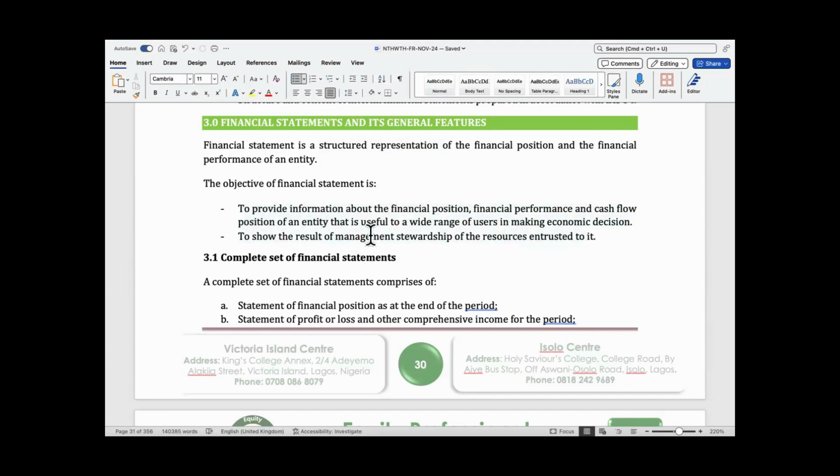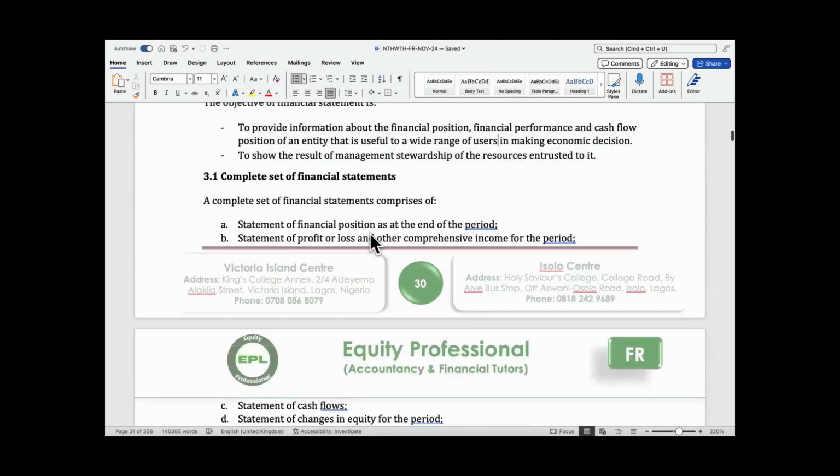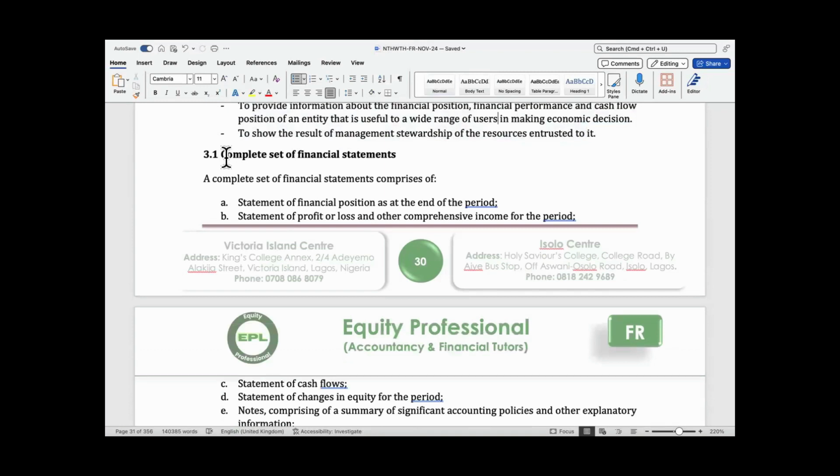Now, when it comes to financial statements, it has components.